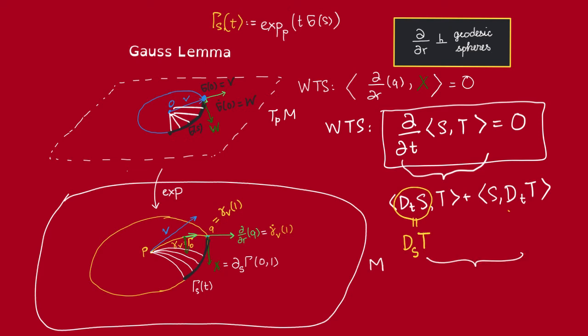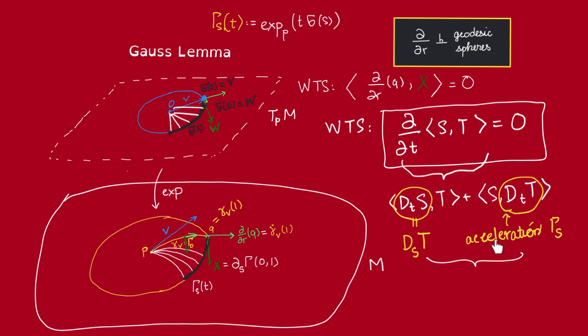On the other hand, what is this? Now recall that by definition for each s, this t will give us a velocity vector field along the curve gamma s, right? So this dt is just the covariant derivative of that velocity vector field. So that's just the acceleration of the gamma s. But as we mentioned, because these are images under the exponential map, these gamma s are just going to be geodesics.